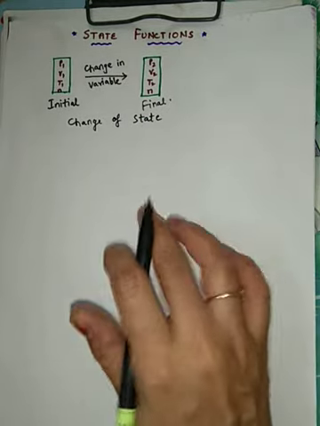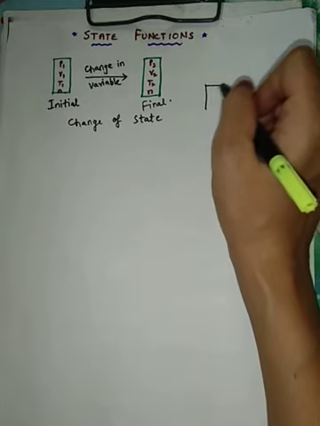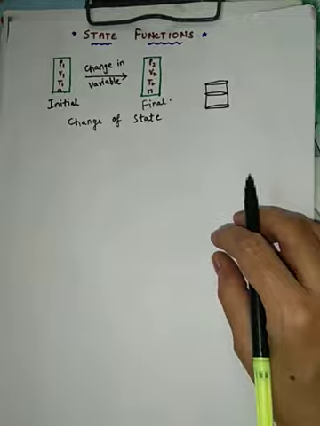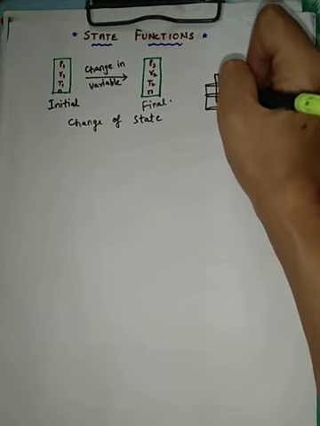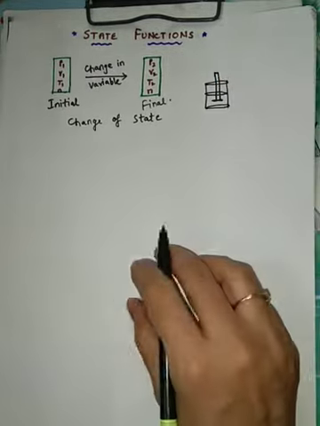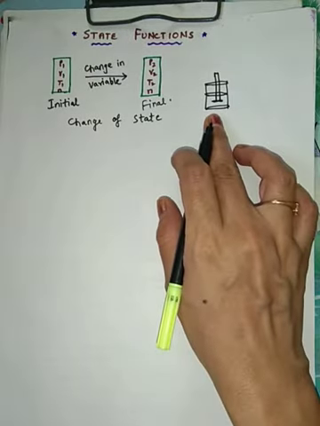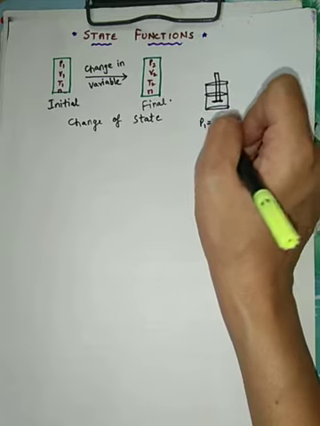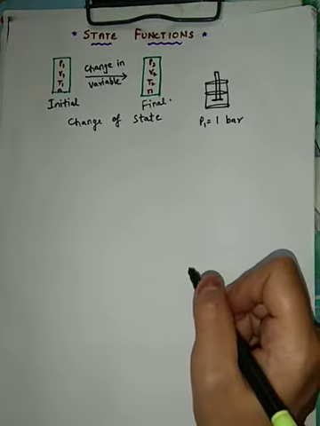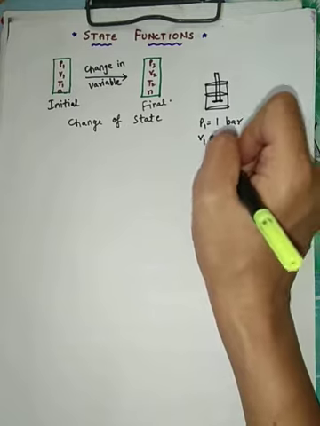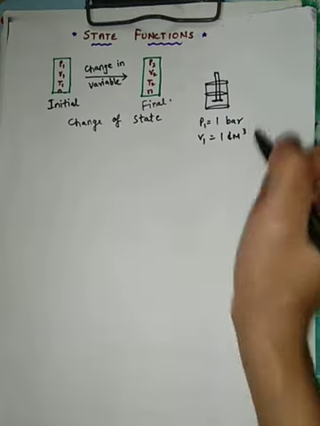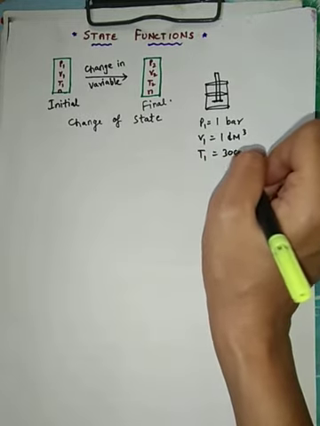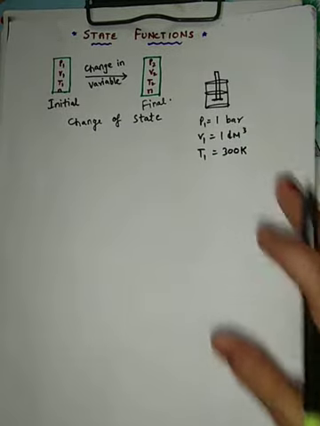Okay, now you remember we have seen a container containing a certain volume of gas, fitted with a movable piston over it. Let the initial pressure of this gas be 1 bar, the volume 1 liter, which we can say 1 dm cube, and the temperature maintained 300 Kelvin. तो ये था उस गैस का initial state.